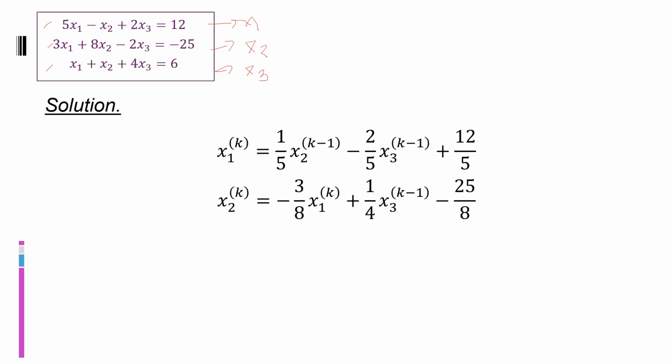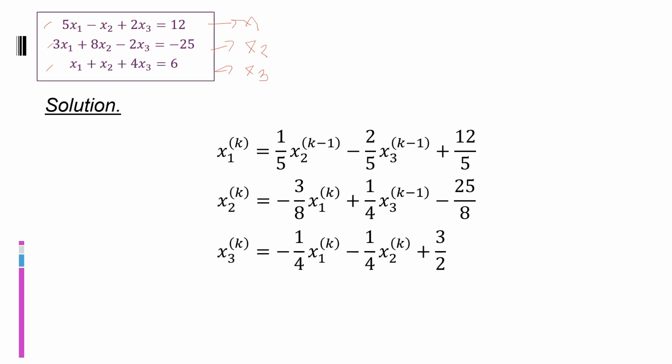For the second equation, we have x sub 2 of k equals negative 3 over 8 x sub 1 of k plus 1 over 4 x sub 3 of k minus 1 minus 25 over 8. And finally, for our third equation, x sub 3 of k is equal to negative 1/4 x sub 1 of k minus 1/4 x sub 2 of k plus 3 over 2.